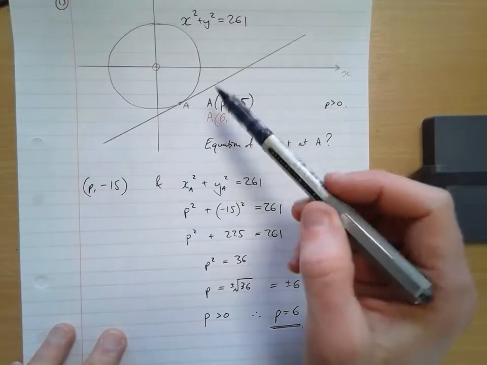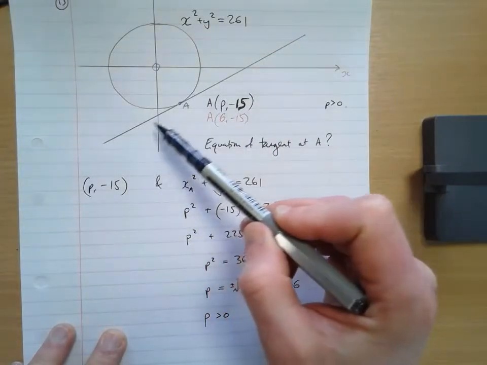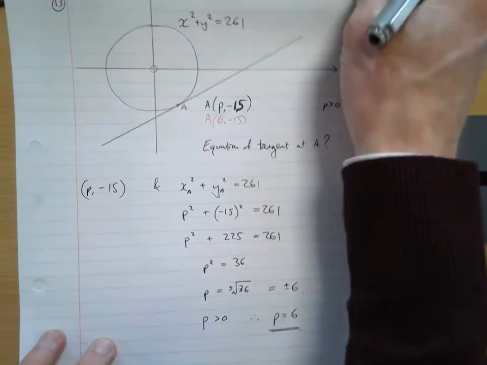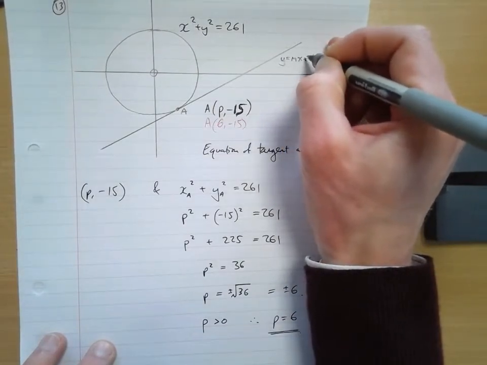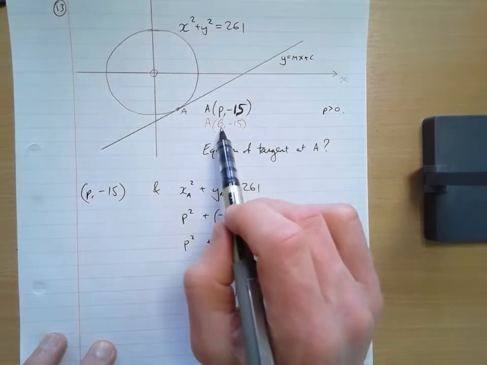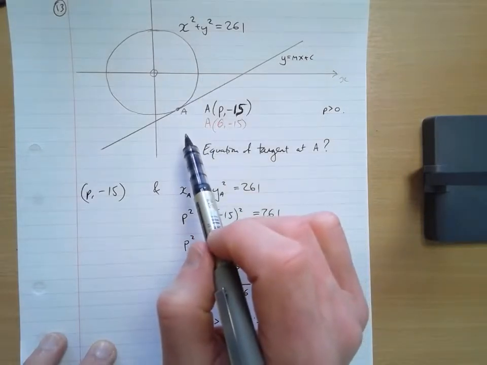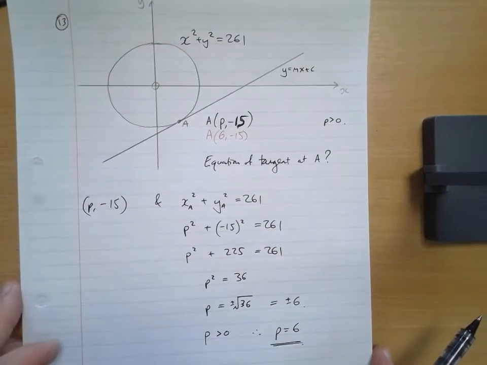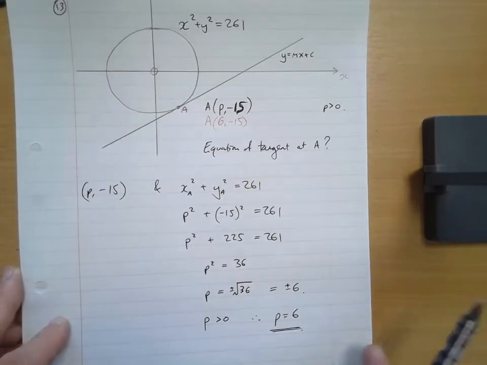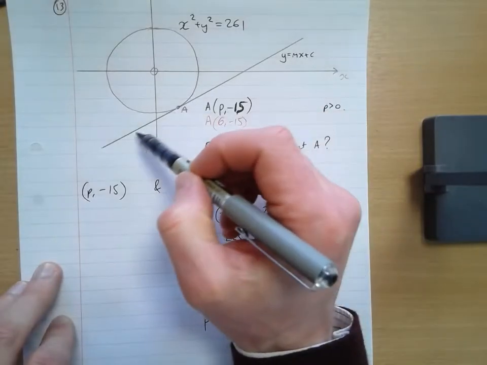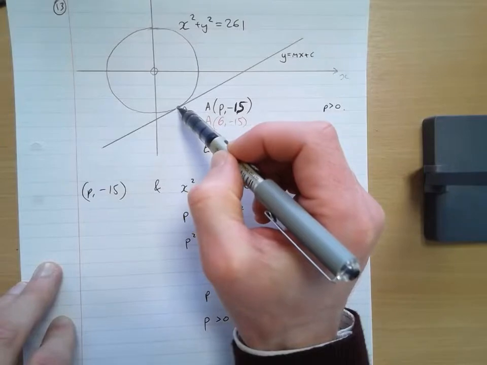What next? So we've got a straight line. A straight line has the form y equals mx plus c. We've got a point on that line, so we've got an x and a y coordinate. What we really need is a gradient. But there's a circle theorem from GCSE, which you ought to know, which is that the gradient of a tangent is perpendicular to the gradient of the radius meeting that tangent there.